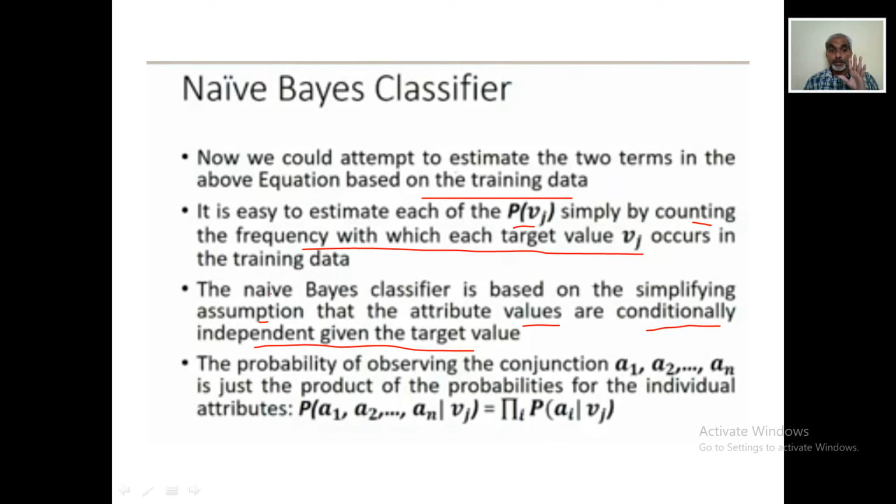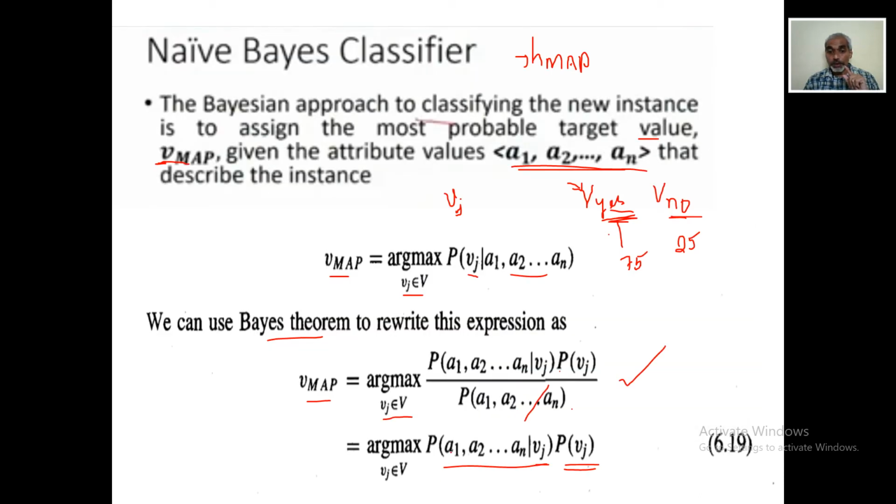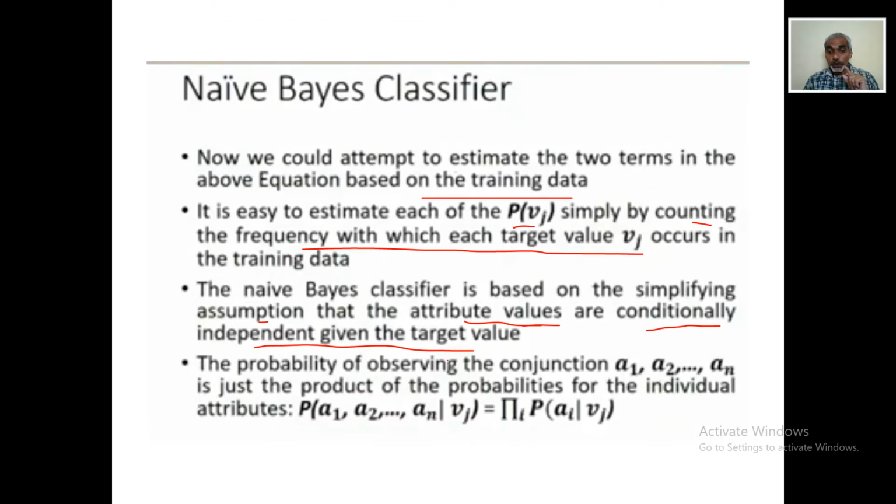So you have to remember this carefully. What is the main assumption of our naive Bayes classifier? The attribute values are conditionally independent given our target value. With this assumption, the probability of observing the conjunction, that is, the probability of A1, A2, A3 and so on, will be just the product of the probabilities of the individual attributes.